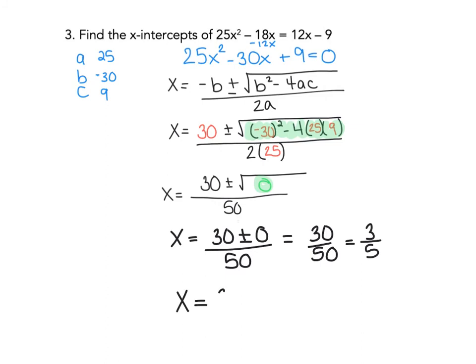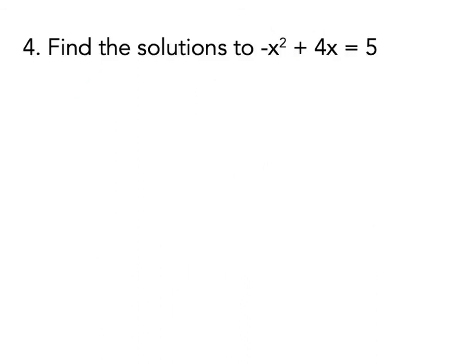So this has just one solution, which if you think about, well, how is that possible if we're talking about x-intercepts? This would be a scenario where the parabola's vertex sits right on the x-axis at 3/5.